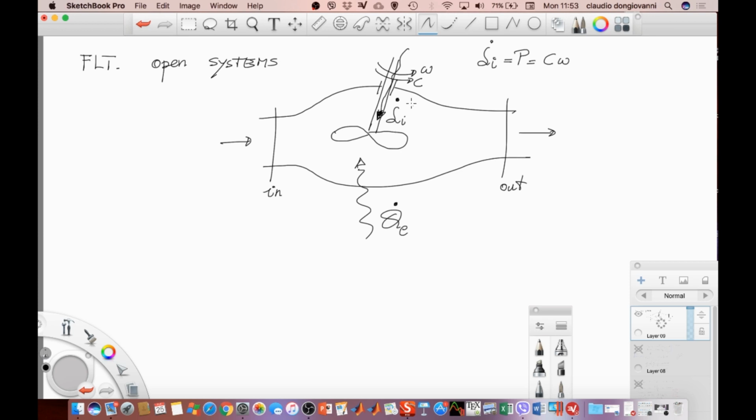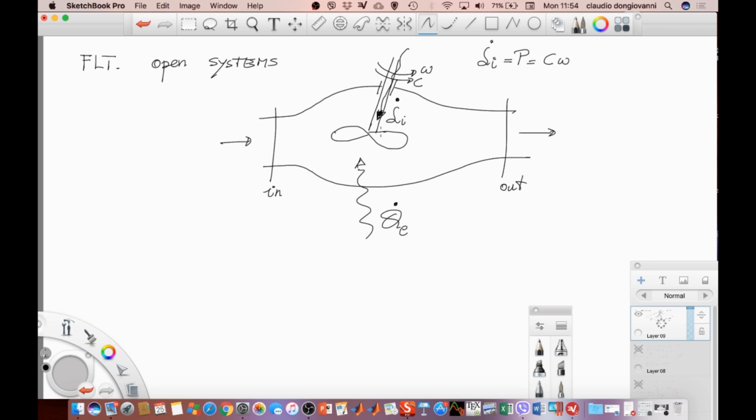Li is, I don't know how my colleague calls it, probably internal work or technical work. Internal work. What does it mean? It is the work exchanged by means of mechanical elements that are able to interact with our fluid.